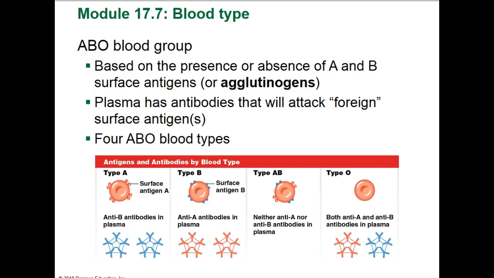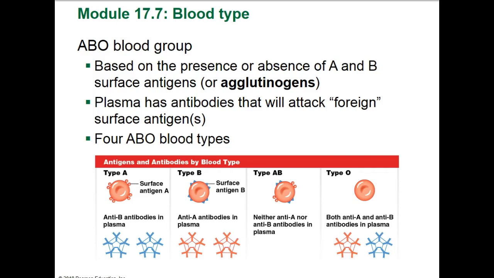You can either be A, or B, or AB, or O. If you're type A, that means you have the surface antigen A. If you're B, you have surface antigen B. If you have AB, that means you have both A and B antigens. And if you're O, you do not have A or B antigens.